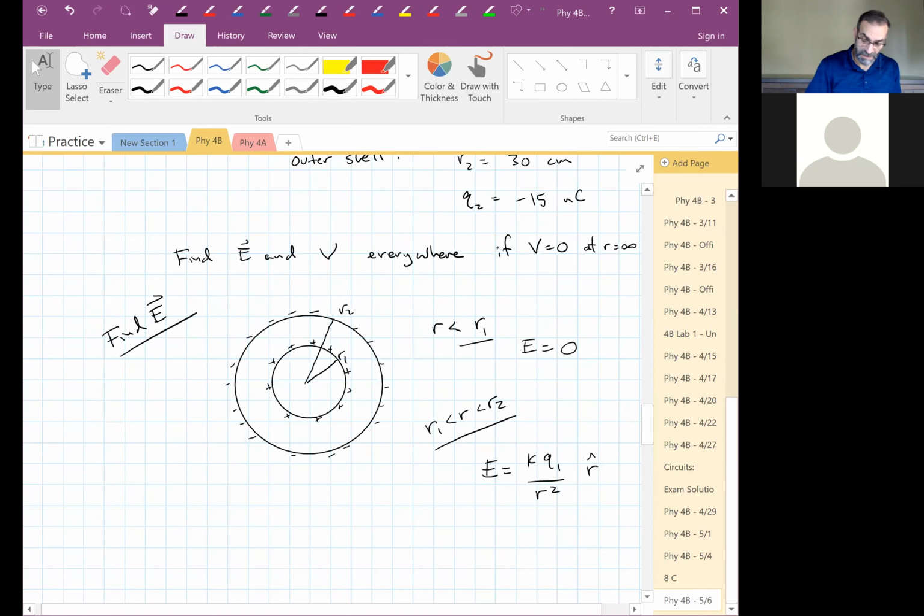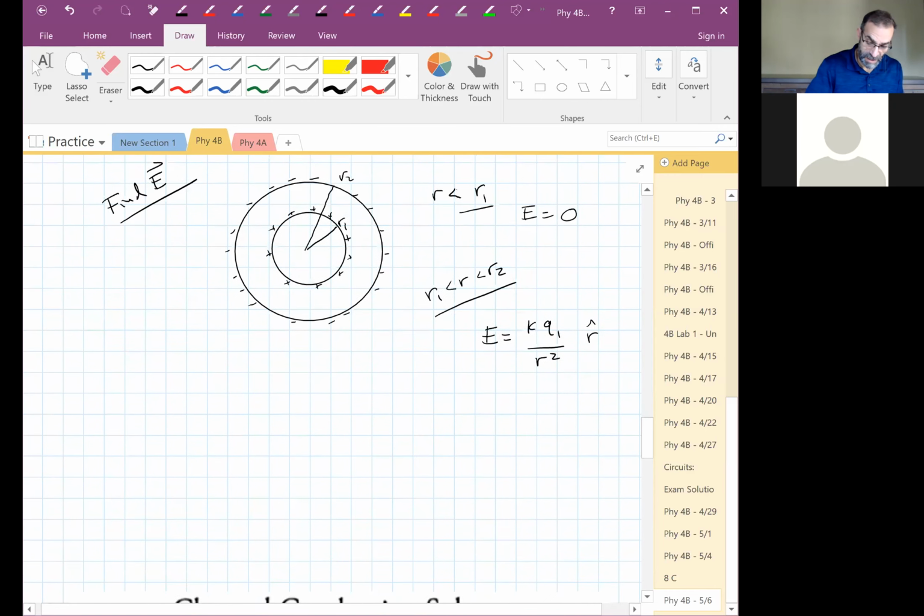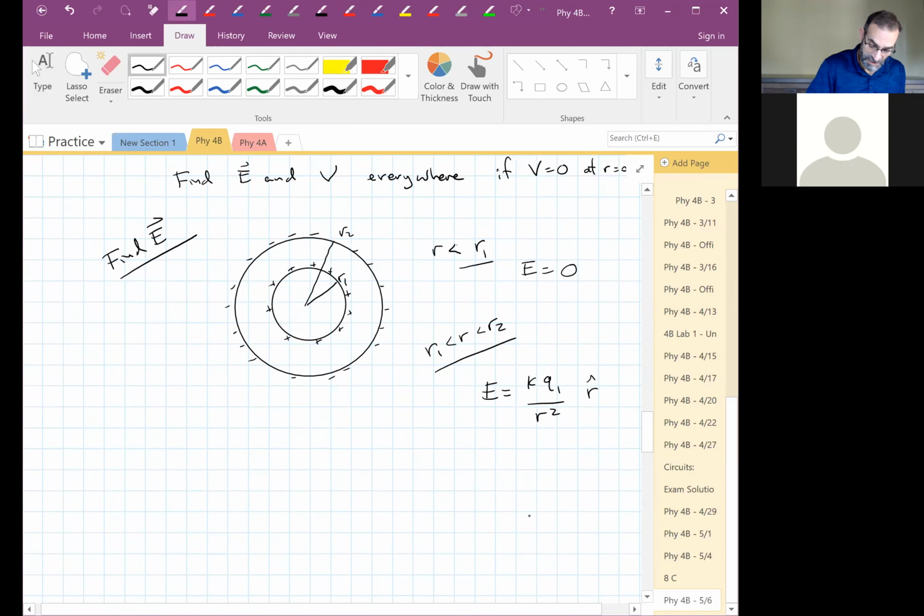It cancels out. You have to do the calculus to show that, right? So let's say we have charge evenly spread throughout the volume of a sphere. And we pick a location in here, and we draw a Gaussian surface there.